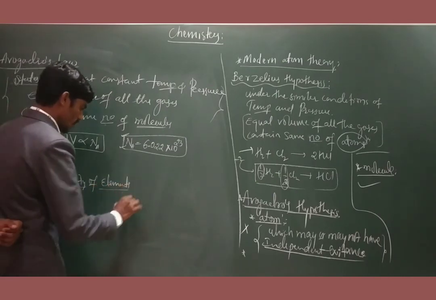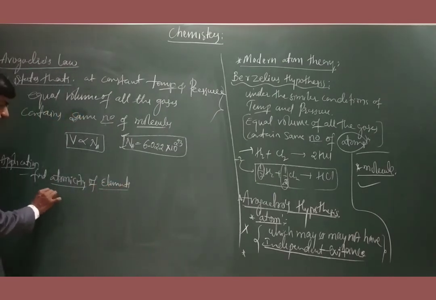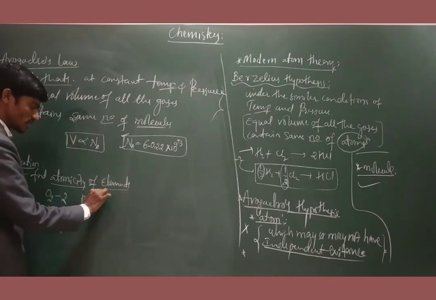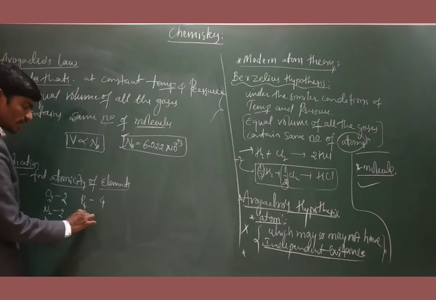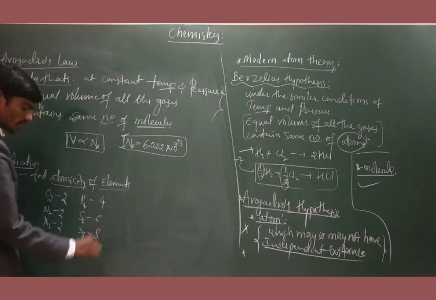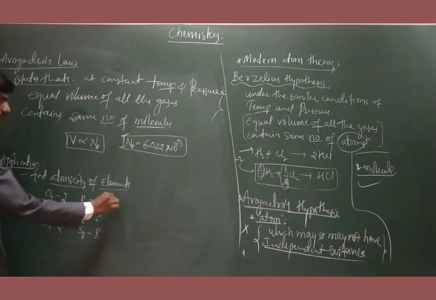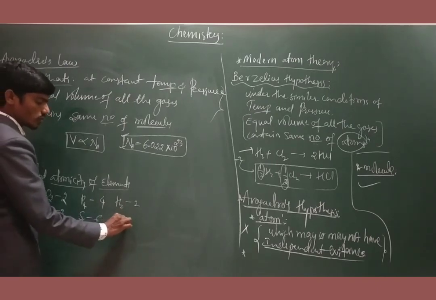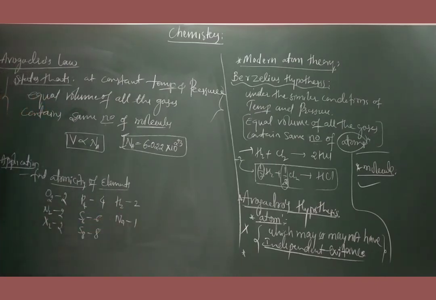For example, oxygen is diatomic, atomicity is 2. Nitrogen is diatomic. Halogens are diatomic. Phosphorus P4 is tetraatomic. In sulfur, S6 and S8, atomicity is 6 and 8 respectively, etc. What is the atomicity of hydrogen? It is 2. Whereas sodium is monoatomic because we represent it as it is.